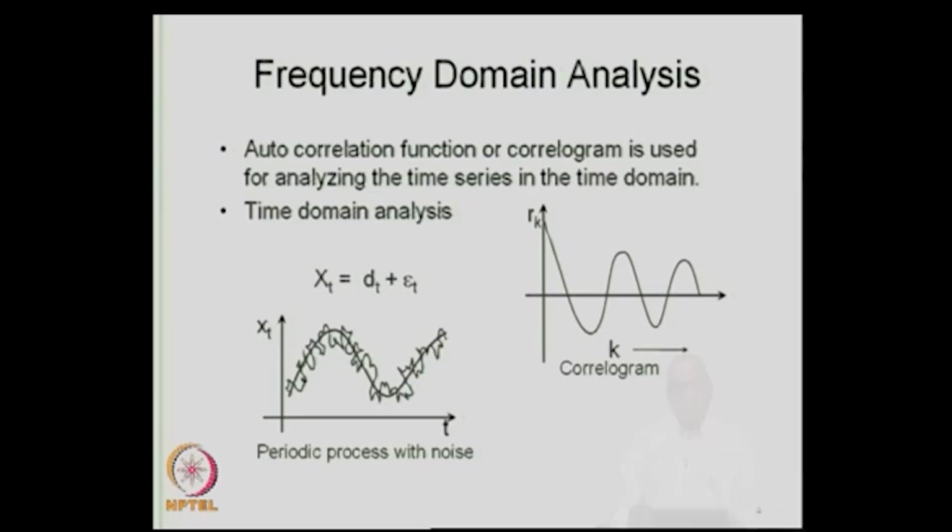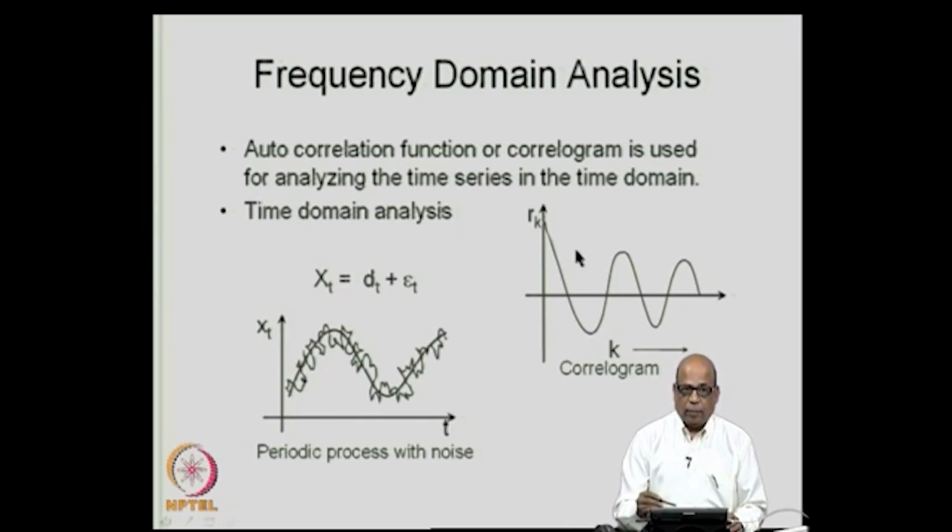And right in the beginning, we mentioned that d t, the deterministic component, can consist of, let us say, a long term mean around which the values are fluctuating, or you may have an increasing or a decreasing trend around which the values are fluctuating, or you may have a periodicity like this around which the values are fluctuating randomly, apart from having a jump in the series and so on. Identification of these periodicities is an important problem in hydrology.